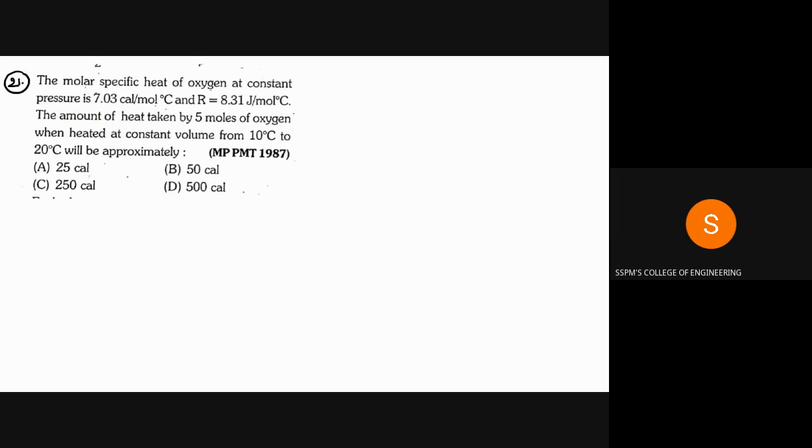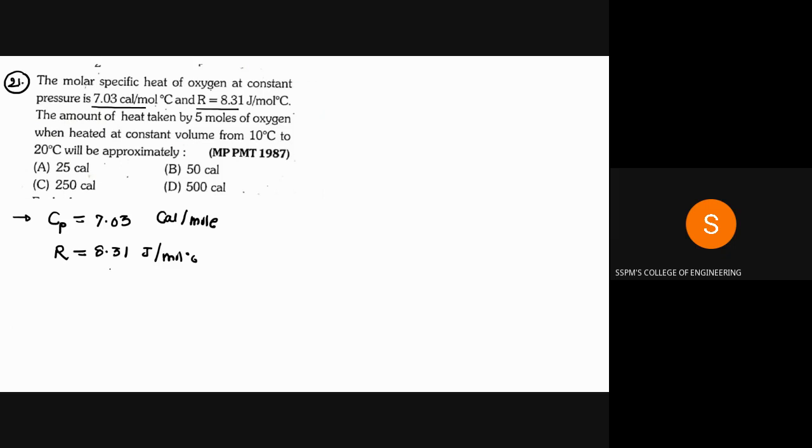The molar specific heat of oxygen at a constant pressure is 7.03 and R is 8.31. The amount of heat taken by 5 mole of oxygen when heated at a constant volume from 10 degrees Celsius to 20 degrees Celsius. Okay, so given value is Cp, which is 7.03. Then R is given, which is 8.31. So Cp is given as calorie per mole and R is given as joule per mole.